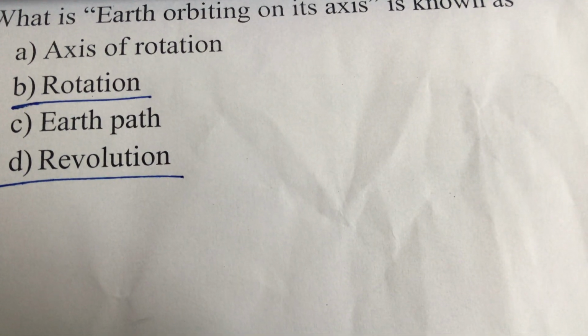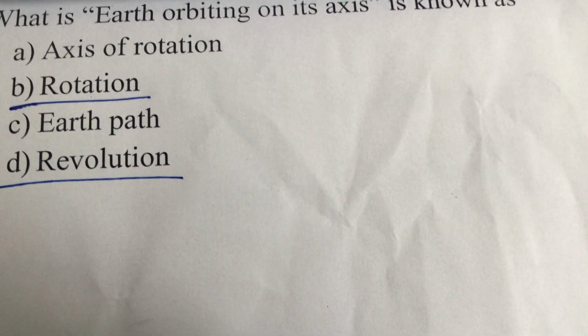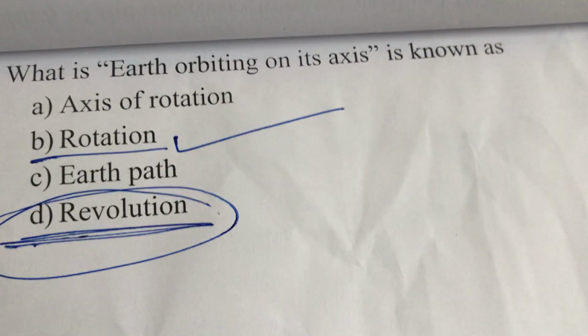Earth will always rotate on its own axis. Along with the rotation, Earth takes revolutions. Basically in revolution, Earth revolves around the sun in its orbit. In general, when you visit a temple, you go around the temple. That is called revolution. But when it comes to this question, the right answer is rotation.